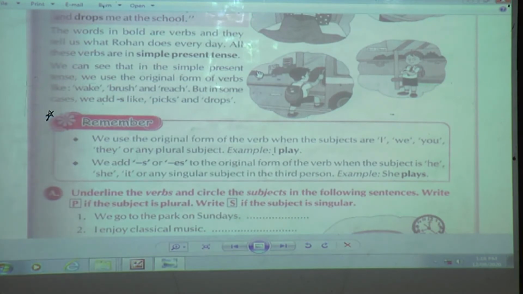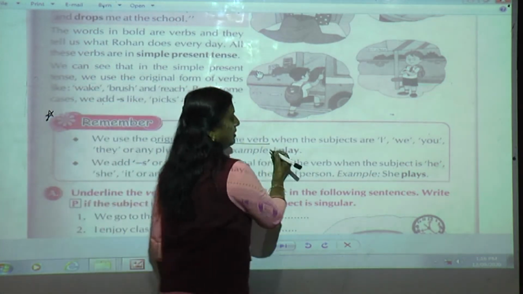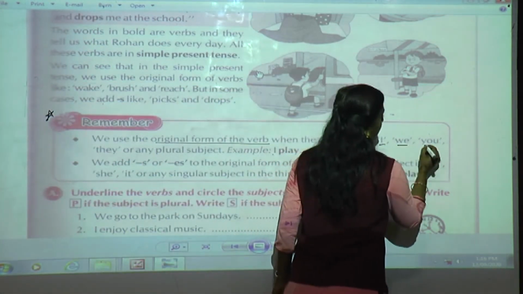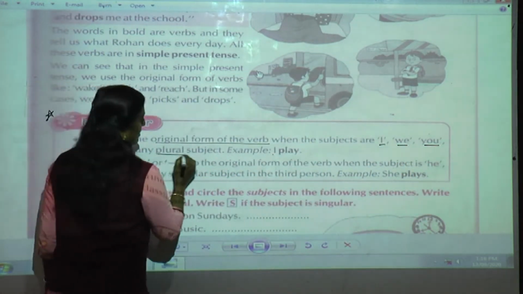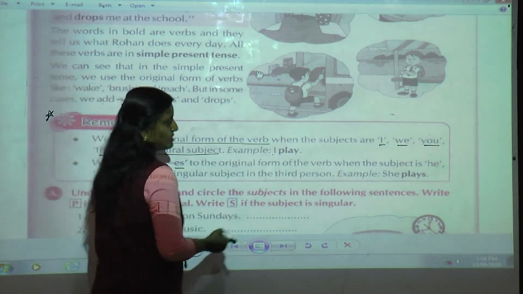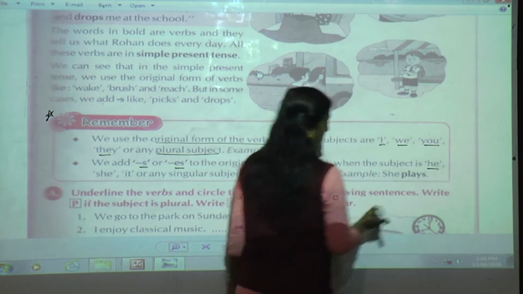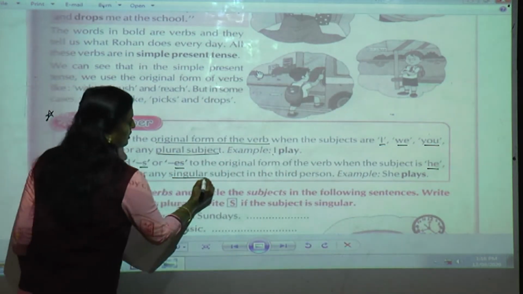If you want, you can underline that in your book. This original form of the verb plus I, we, you, underline in your book. If you have a pencil, underline, so that you can learn it by heart afterwards. And we add s or es when the subject is he, she, it, or a singular subject.